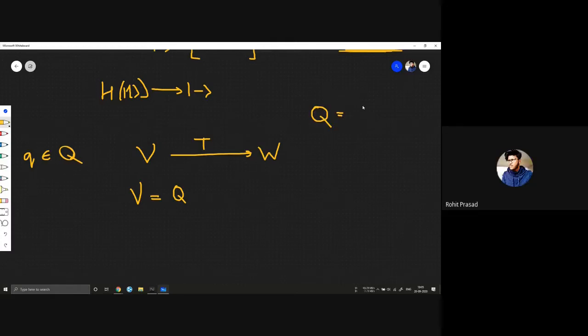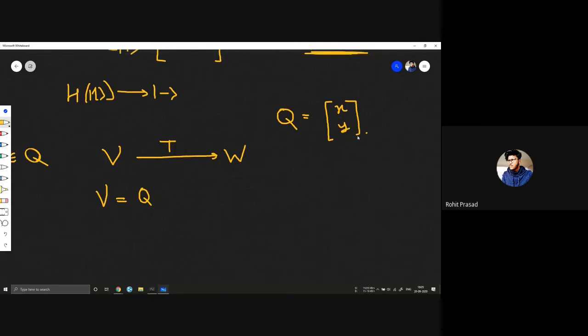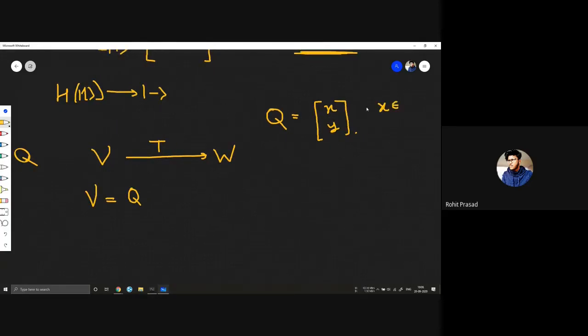Okay, so the keyword Q was defined this way: Q is a vector space of 2 cross 1 dimension, with entries X and Y, where X, Y belong to the complex numbers, with the condition that mod X squared plus mod Y squared is equal to 1.